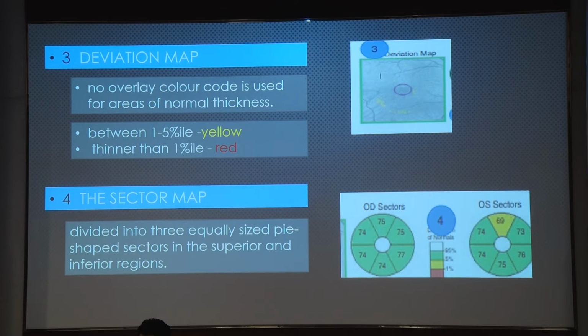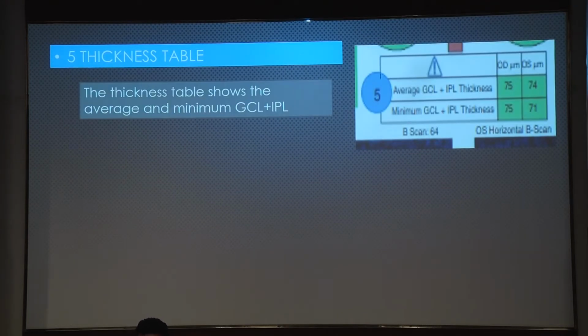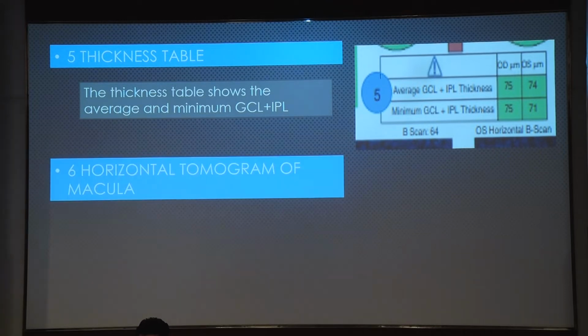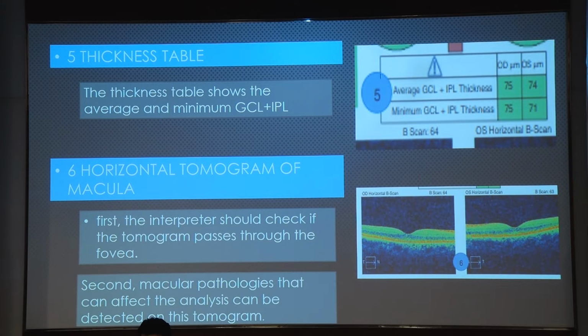The sector maps are divided into 3 equally sized pie-shaped sectors in the superior and inferior regions. There's a thickness table which gives us all the average and the minimum ganglion cell layer and inner plexiform layer thickness. The horizontal tomograph helps the interpreters know if the OCT is taken through the fovea, and any macular pathology seen on the OCT helps to correlate the pathologies.